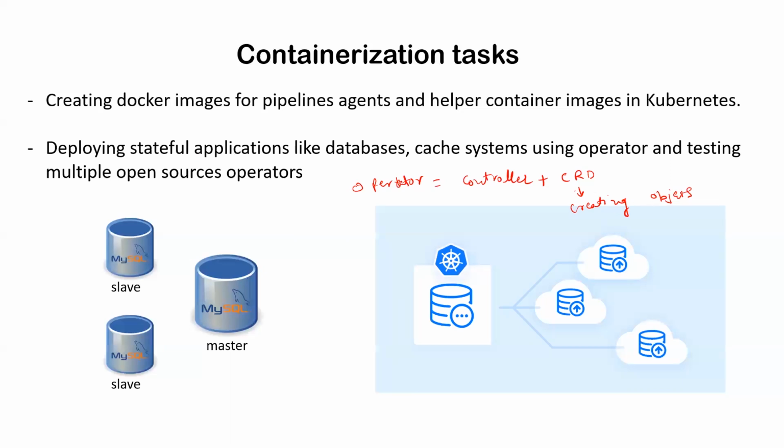That object will be maintained and managed by a controller process, which is part of this operator. When we go for an operator, all the logic, like master-slave replication and automatic failover, will be implemented in the controller process and managed by it itself.